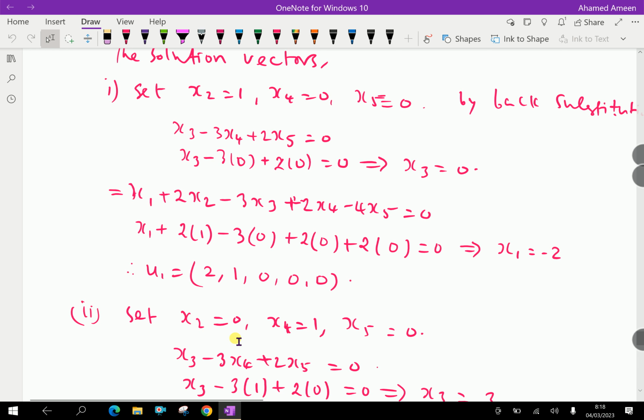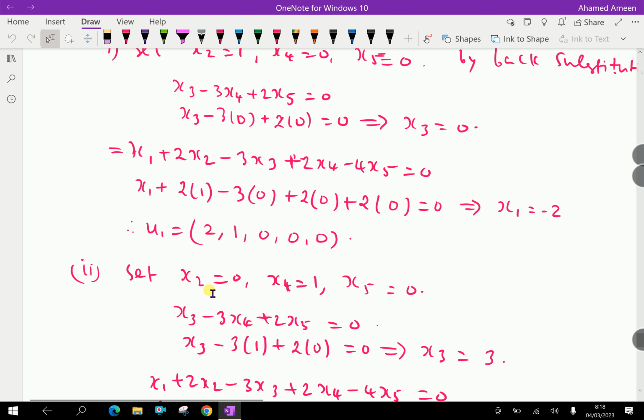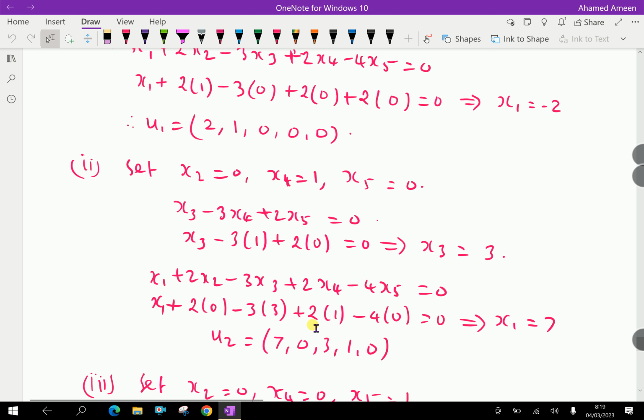Before, we set x2 is 1, x4, x5 is 0, 0. Now put x2 is 0, x4 is 1 and x5 is 0. The same procedure: substitute these values. x3 minus 3x4 plus 2x5, that is x3 minus 3 into 1 plus 2 into 0, which gives x3 equal to 3. Then back substitution in the original equation, x1 plus 2x2 minus 3x3 plus 2x4 minus 4x5 equals 0.